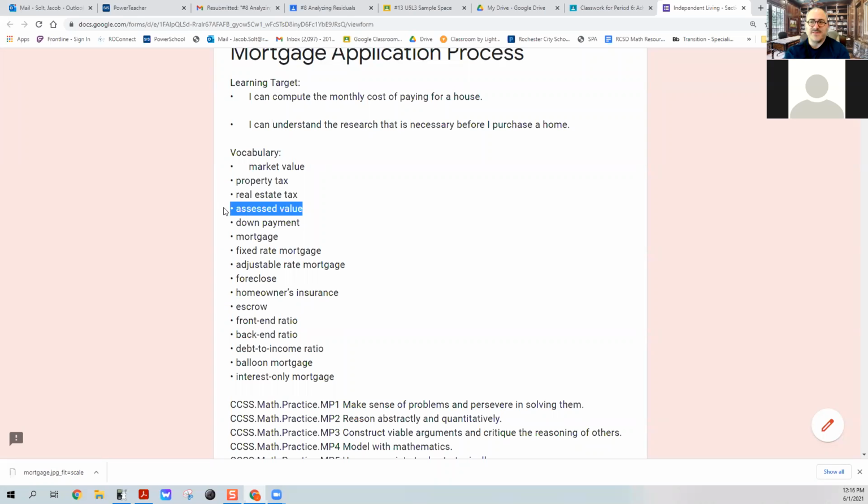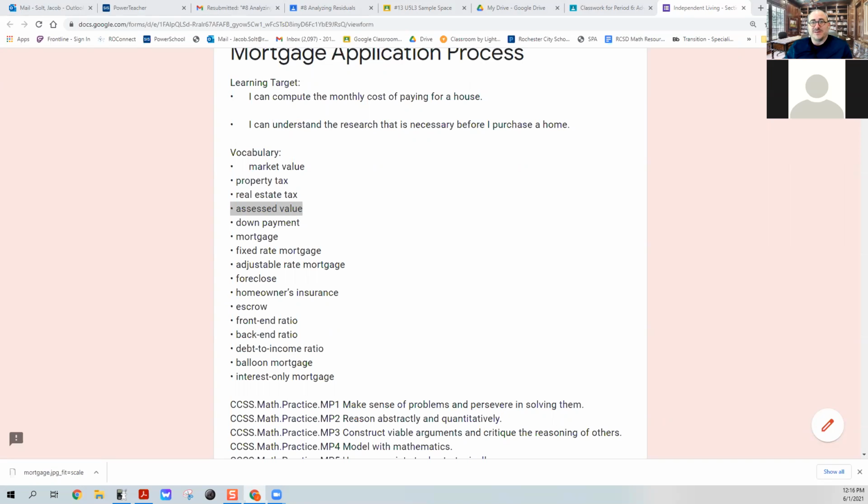Then there is the assessed value of a home. The assessed value of the home is, for the purposes of taxation, what the government assesses your home at. They'll tell you how much they think your house is worth, and then you pay a percentage of what they assess your house is worth. So your house, the market value might be $200,000, and then the government, the state or the county or the town or the city, assesses it for, say, $220,000.